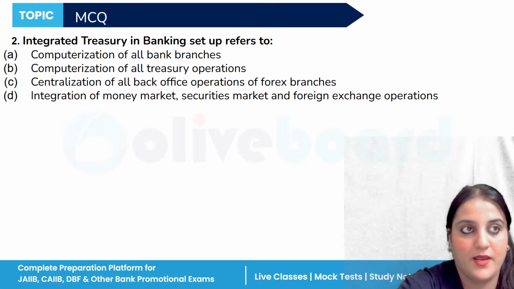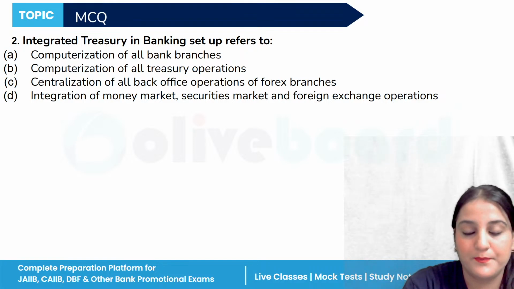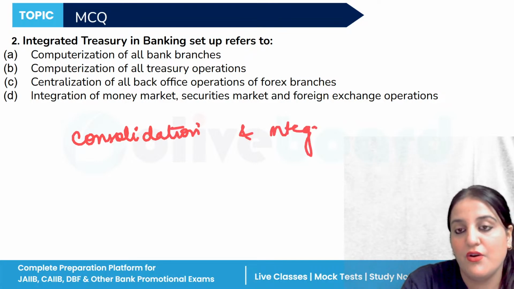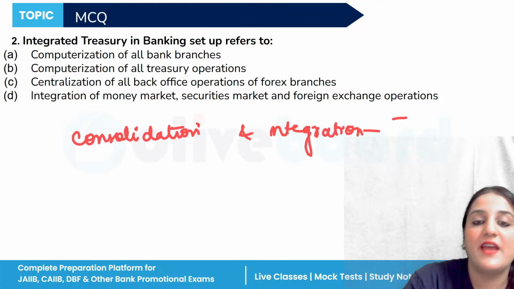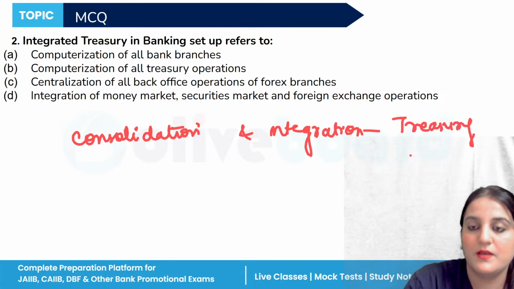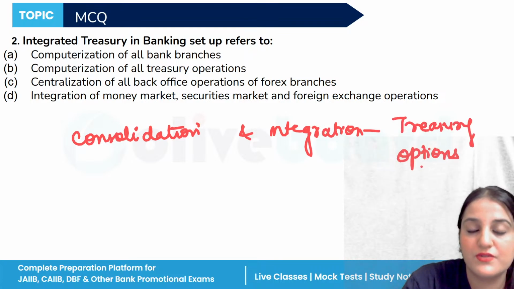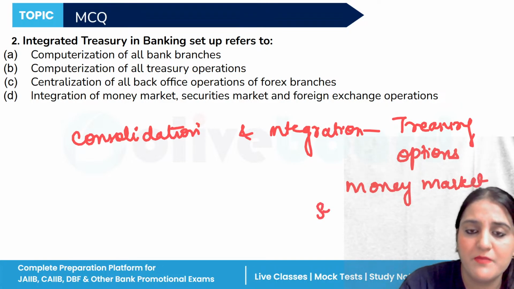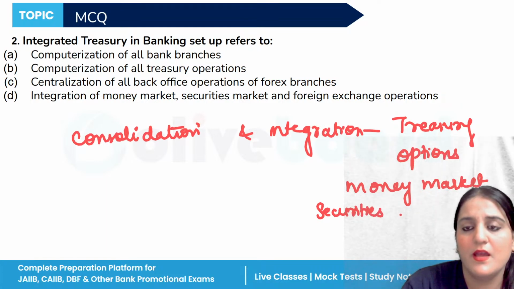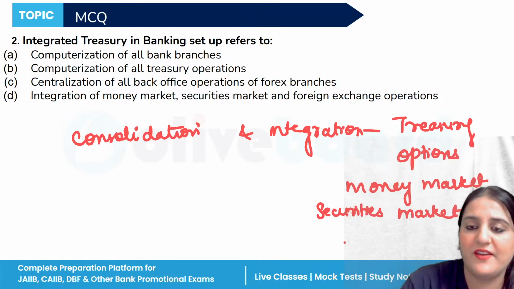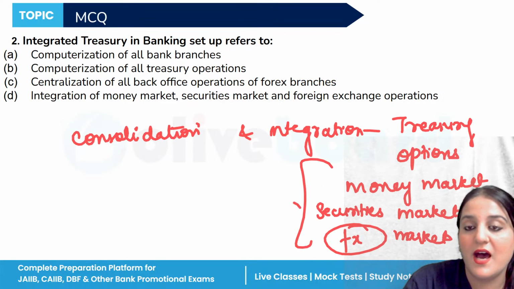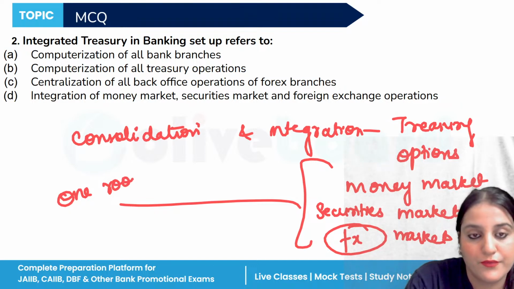We know that integrated treasury in banking means consolidation and integration of various treasury operations, which include the money market, securities market, and also the FX market, that is the forex market, all under one roof.